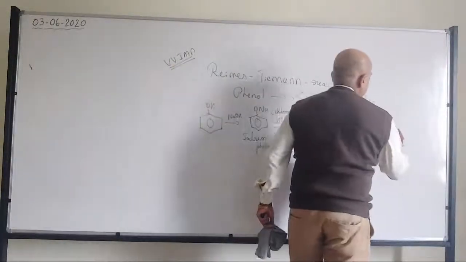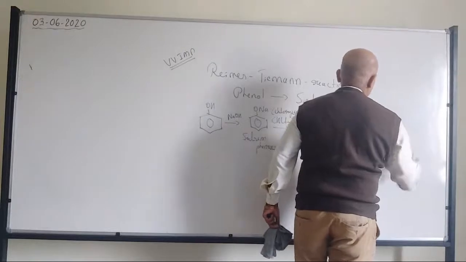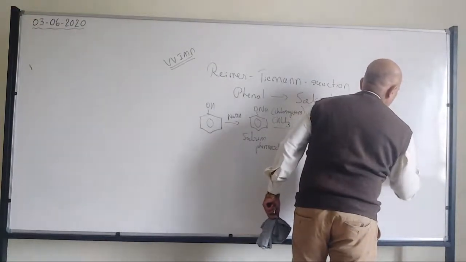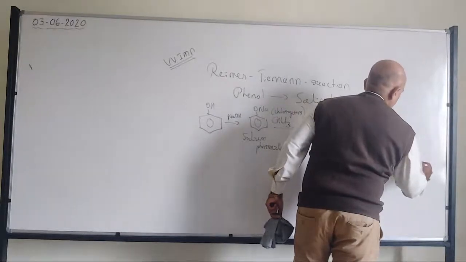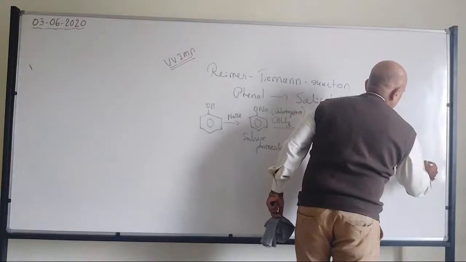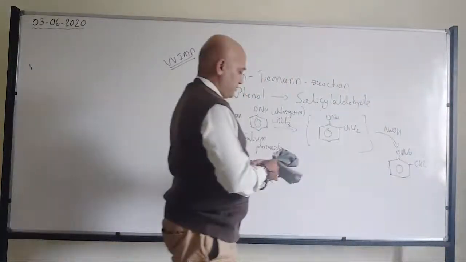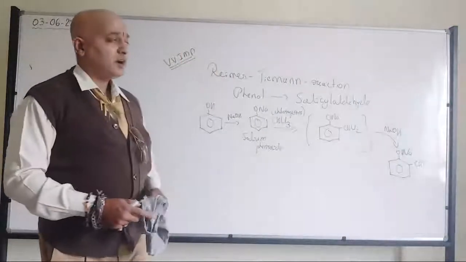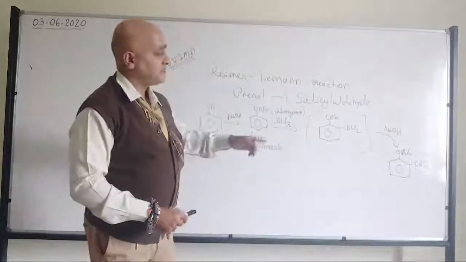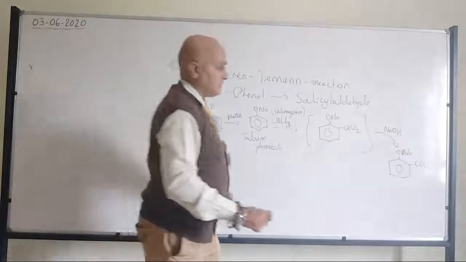So immediately, since sodium hydroxide is there, it will get converted into aldehyde. CHCl2 will become CHO, aldehyde, right? So that's where we have the role of sodium hydroxide.